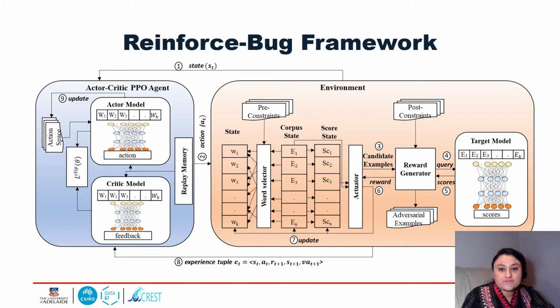The actuator performs the action on the state and transforms the original examples in the corpus to candidate examples. The candidate examples are then queried to the target model to obtain the scores. The reward generator then either generates an adversarial example and produces a reward against the transformation selected by the action.